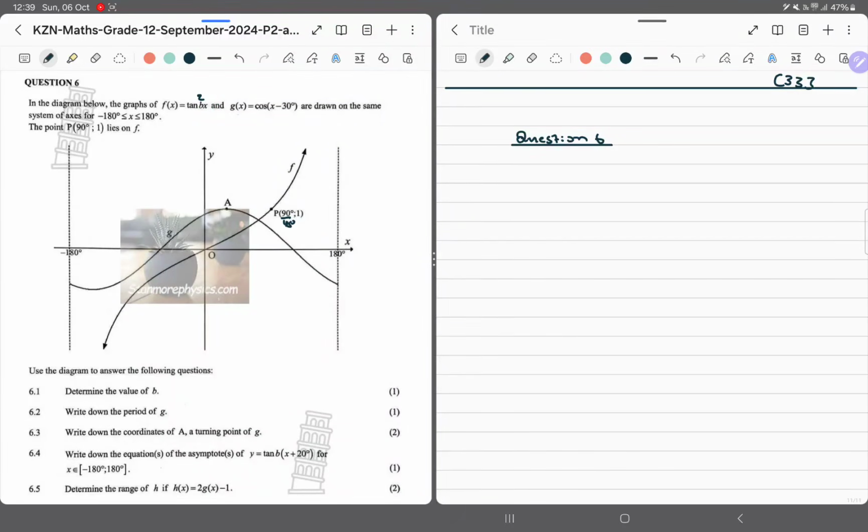I'm trying to think now. I think I'm lying. It means that we halved it, isn't it? We must have halved it. Yeah. We must have halved it. Not doubled it, because we know that the period is going to be 180 degrees divided by the coefficient.